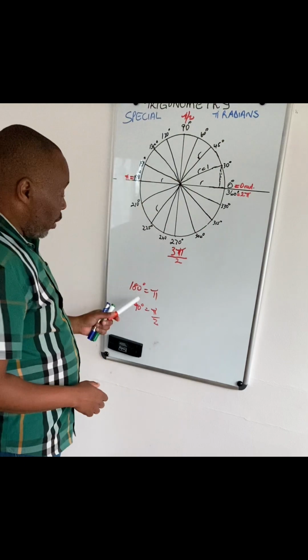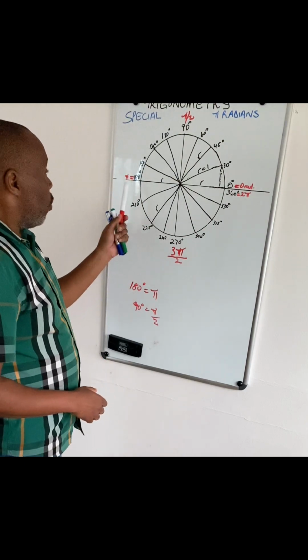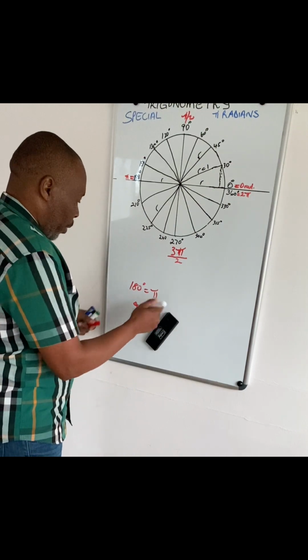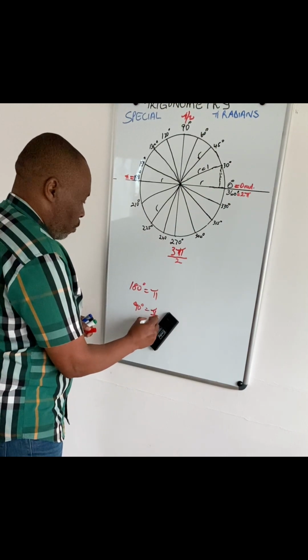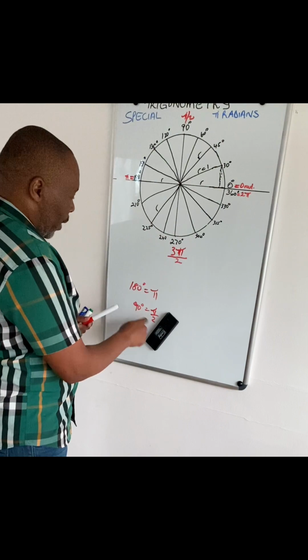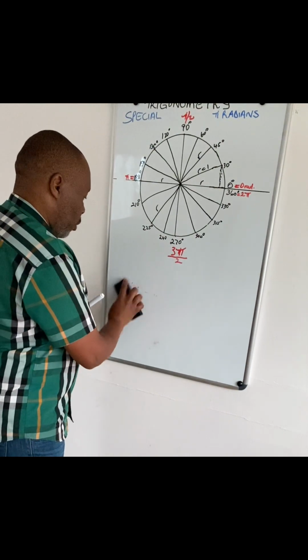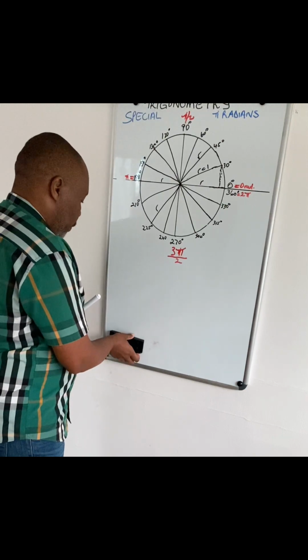So 90 is pi over 2, 180 is pi. We are working from 180, which is pi. You'll see why I'm showing you this.